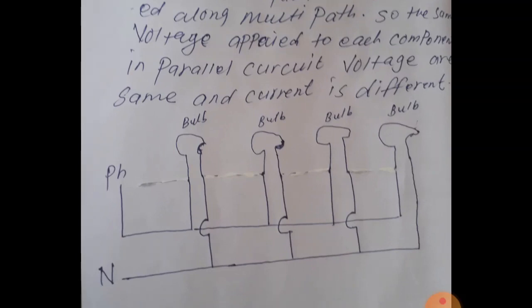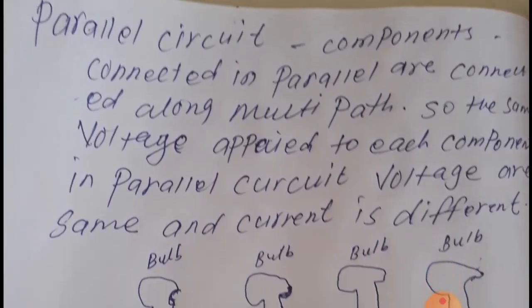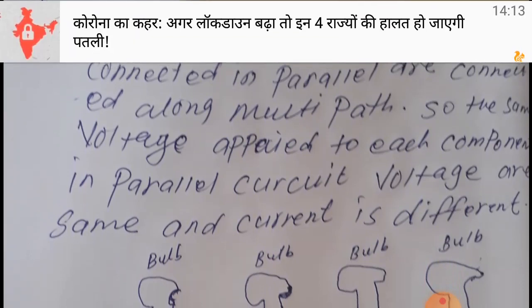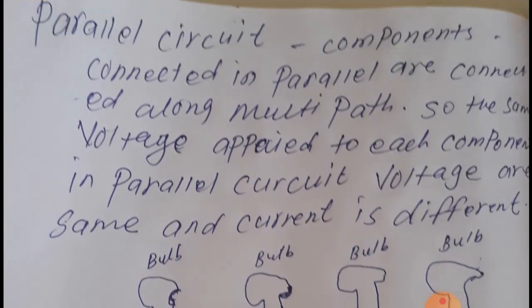So what is the parallel circuit? Components connected in parallel are connected along multiple paths. Here all components are connected with multipath, so the same voltage appears at each component.